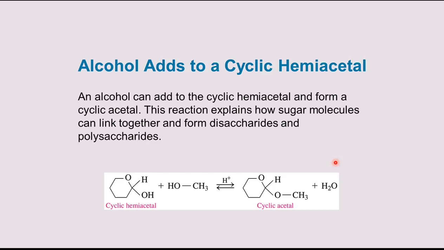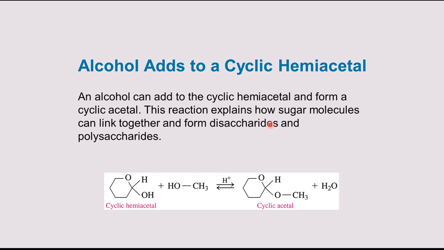Now, an alcohol can then also add to this cyclic hemiacetal to form the cyclic acetal. And so this is the reaction that helps create the polymers of sugars that we have in our bodies.